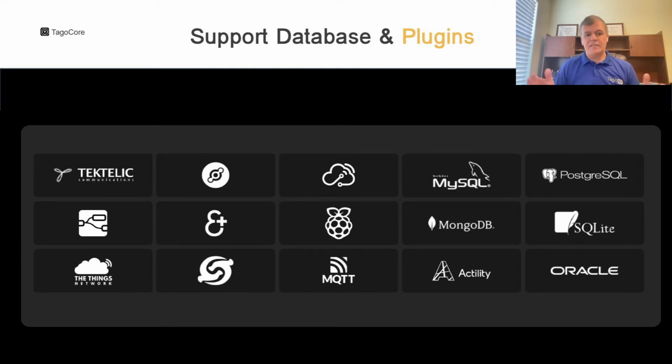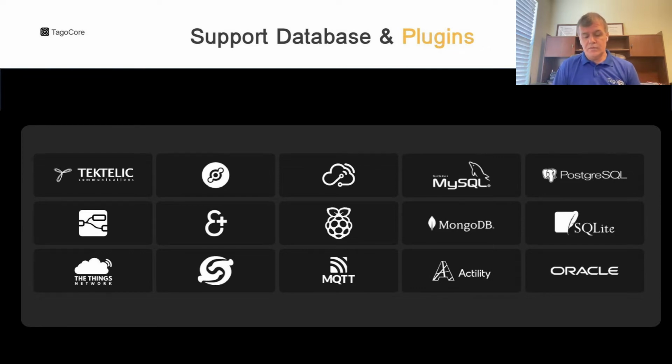So we're extending the number of plugins so that you can also select the database. So we know that as you expand, you may find that one type of database can be better than another. For example, you can use SQLite, or you may need MongoDB or Postgres as a different kind of database.